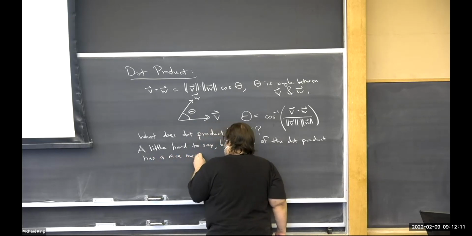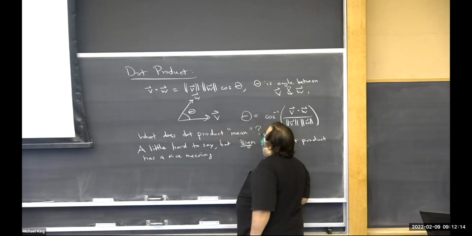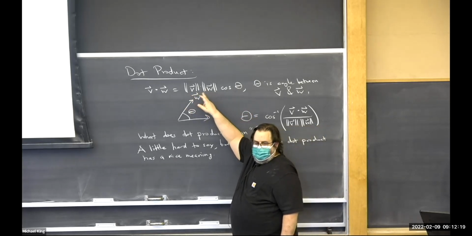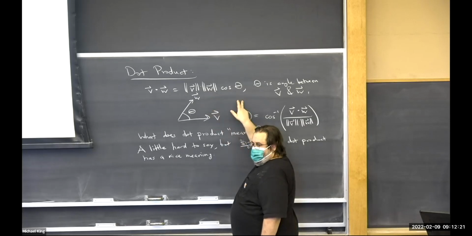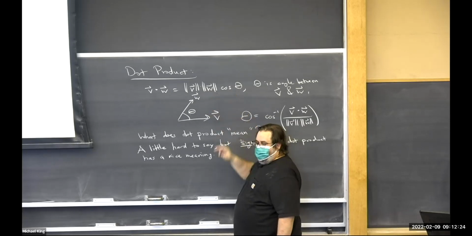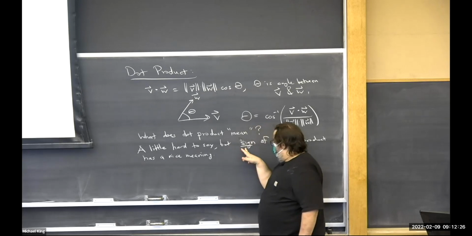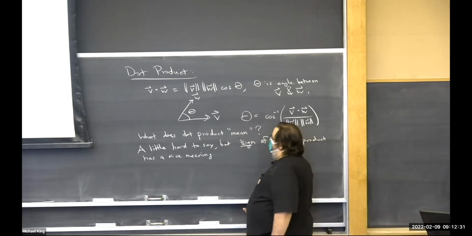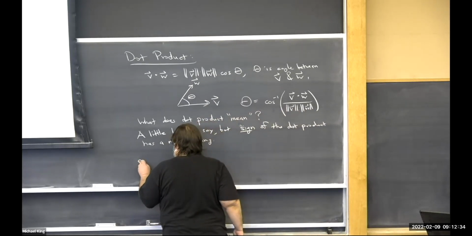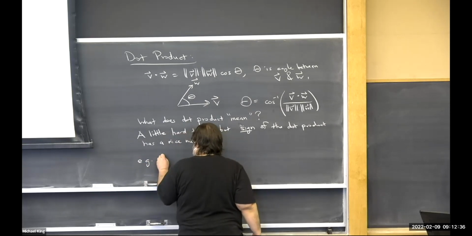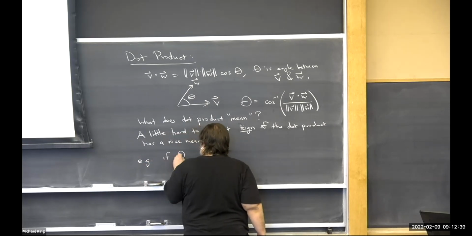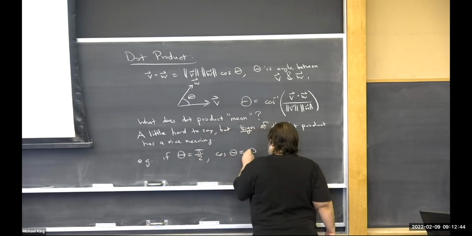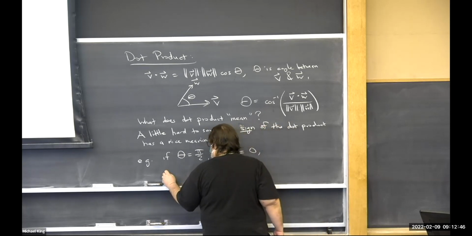Let's just think about it. We know magnitudes are both non-negative numbers, so the sign of the dot product depends on the sign of cosine. For example, if theta is pi over 2, 90 degrees, cosine theta is 0.